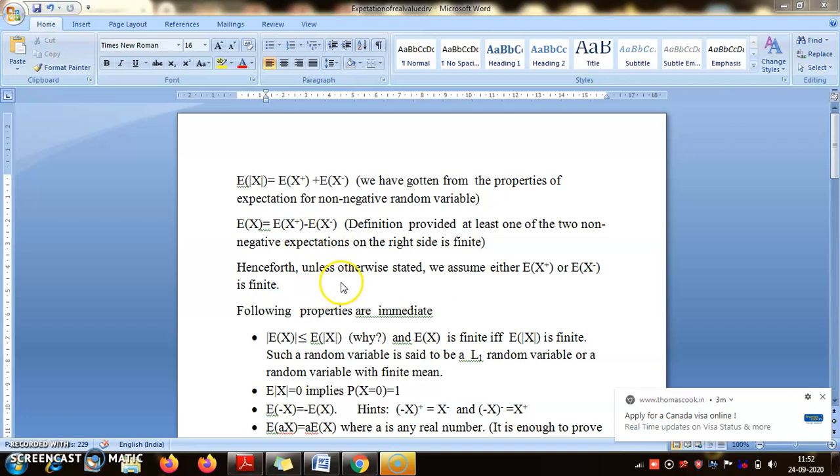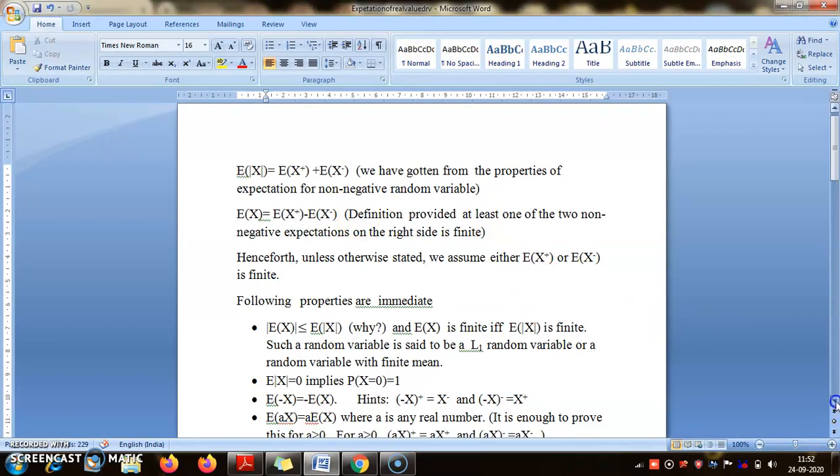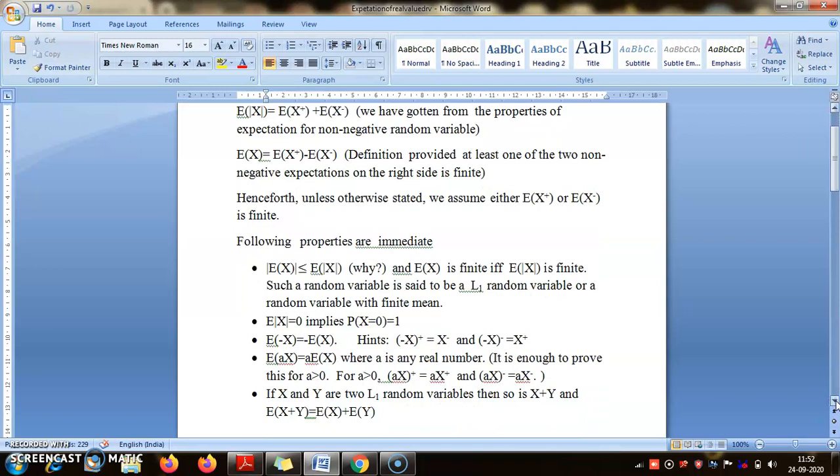So henceforth, unless otherwise stated, we will always assume that at least one of them is finite. Otherwise, it makes no sense to talk about expectation for real valued random variables. So from henceforth we will assume that we are talking about only those random variables for which either one of them is finite.